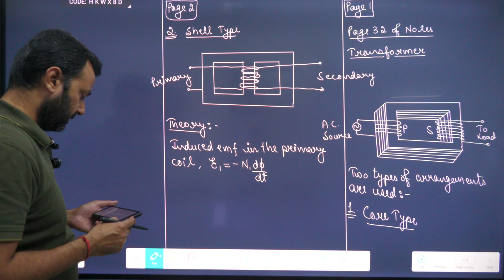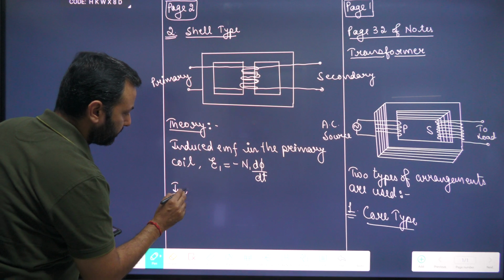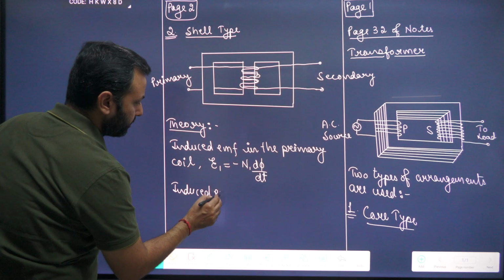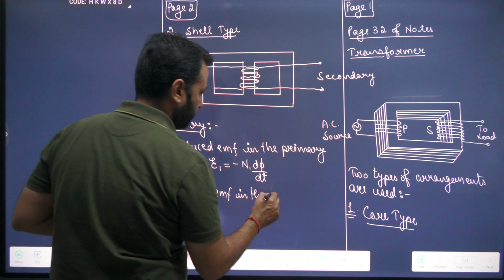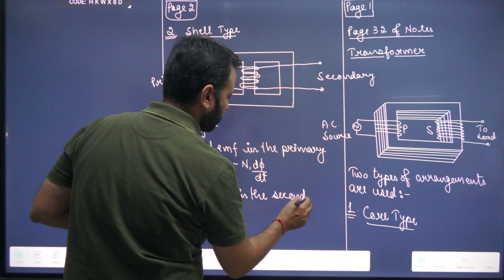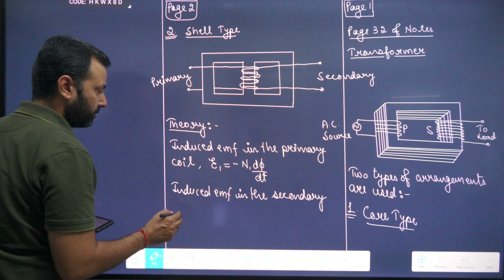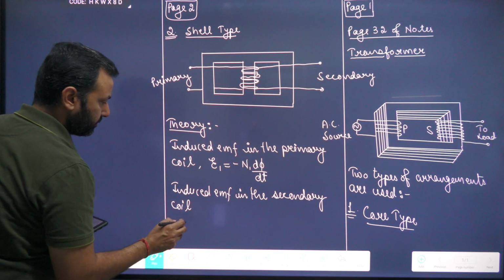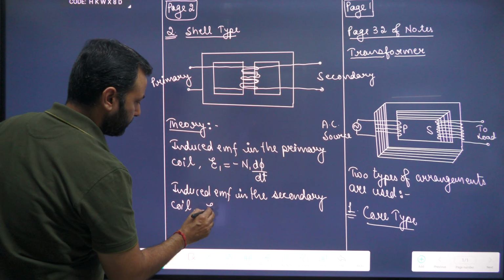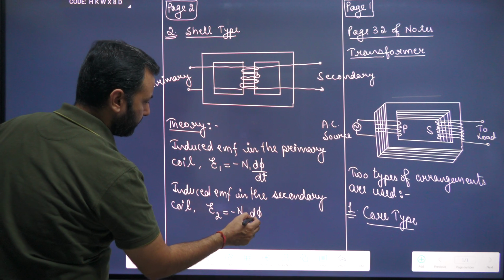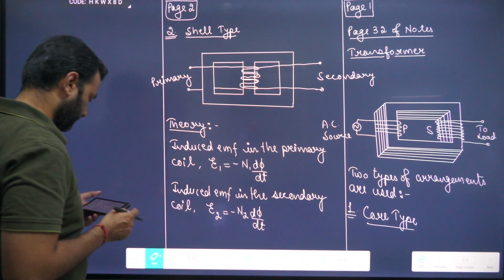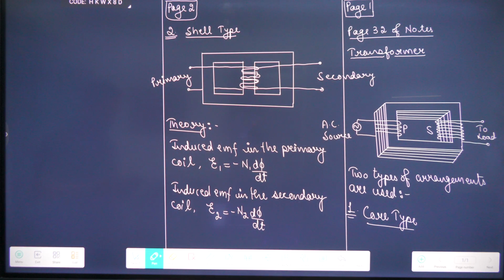And induced EMF in the secondary coil, E2, is equal to minus N2 d phi by dt, where phi is the magnetic flux linked with each turn of the primary or secondary at any instant.